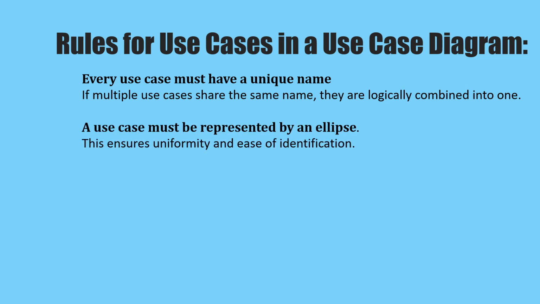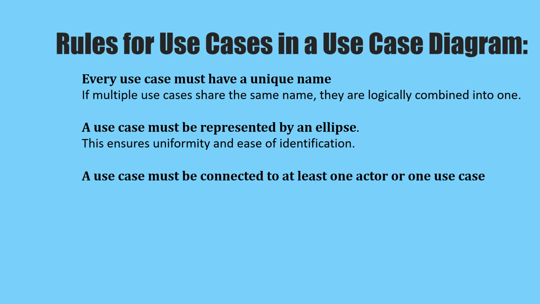A use case must be represented by an ellipse, the symbol designated for use cases in a diagram. This ensures uniformity and ease of identification. A use case must be connected to at least one actor or at least one use case to avoid isolation.